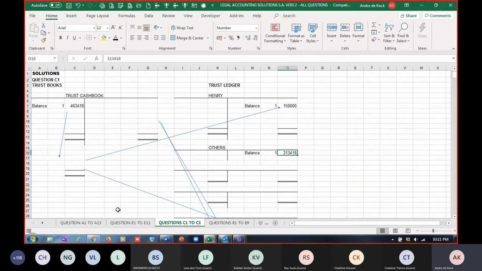Now, you have Henry's written consent to invest the amount on his behalf with African Bank. So we are now going to invest Henry's 150, because at the moment we're not earning any interest on this. He wants to earn interest on it, and he tells you, in a written instruction, to invest that for him. How do we invest it?